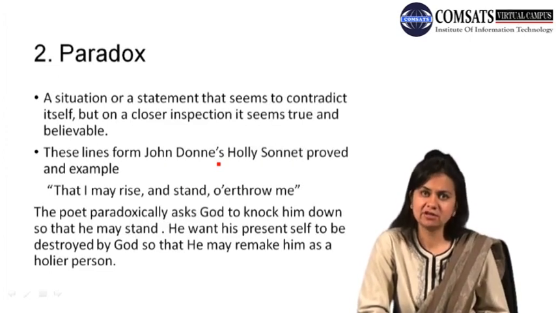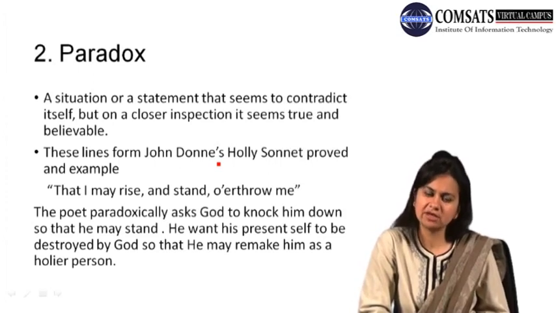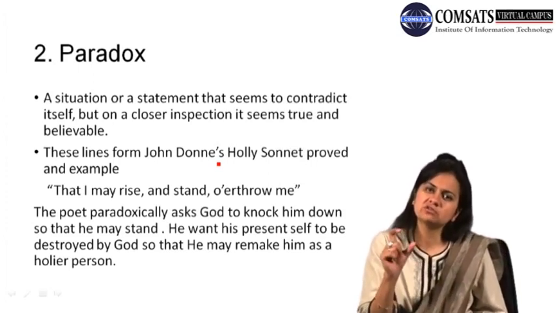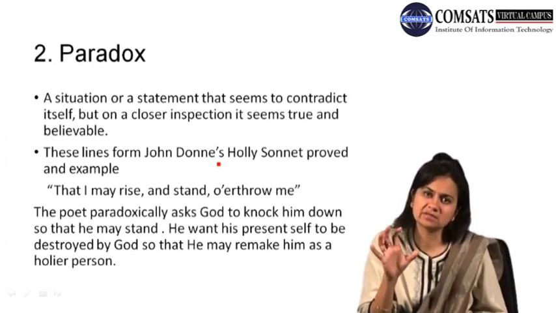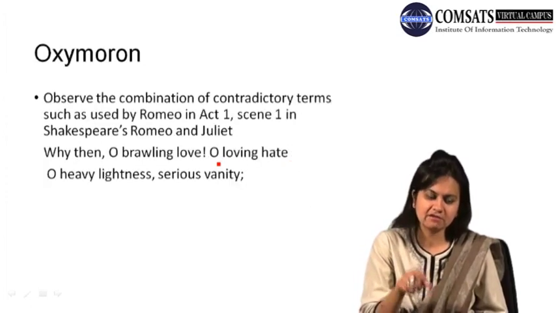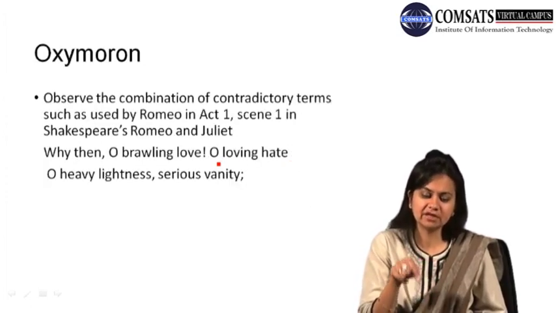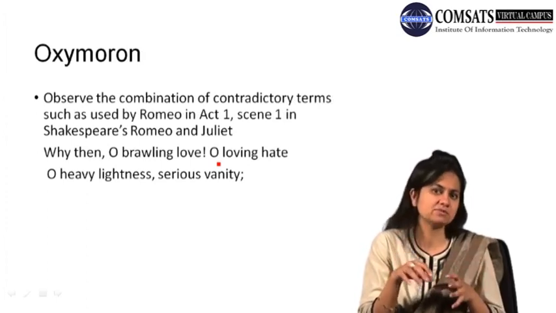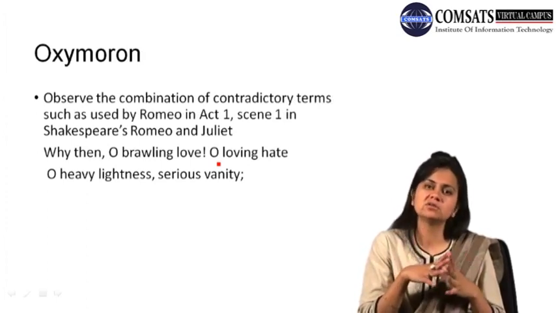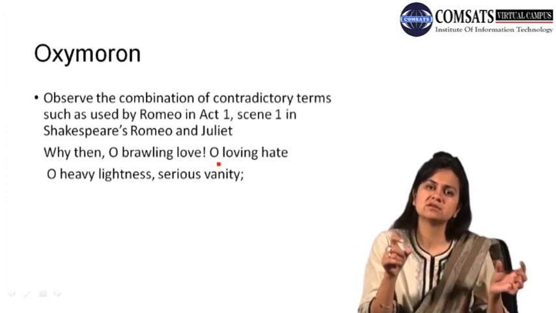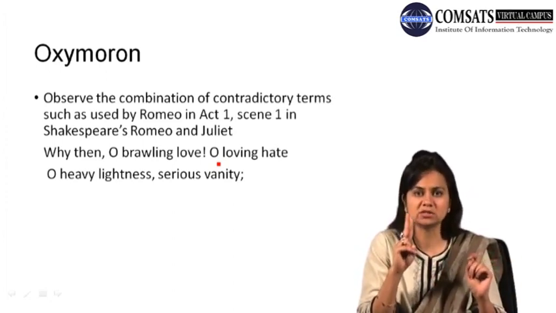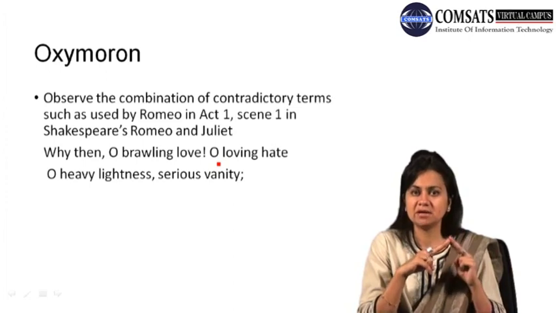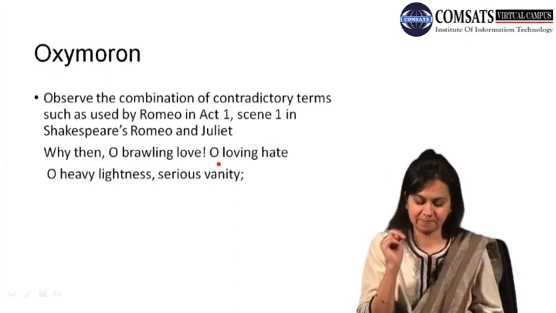Now, the second figure involving semantic irregularity is referred to as paradox. Now, oxymoron is always a combination of two words, not more than that. Because in this example, we identified brawling love, loving hate, heavy lightness, serious vanity as four examples of oxymoron. Oxymoron does not mean a statement or a single word, but two words combined having opposite meaning.